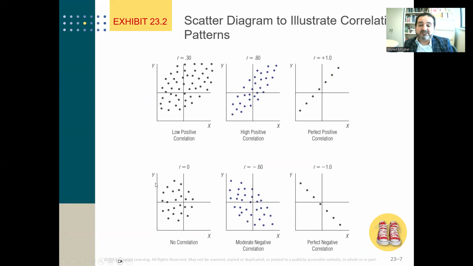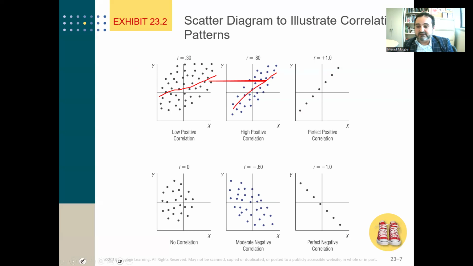So for example, let's say that I have 0.3, which is closer to the positive. So this might be like this, not straight, right? But this is 0.80, it is almost perfect.